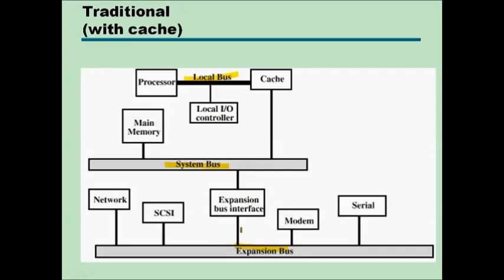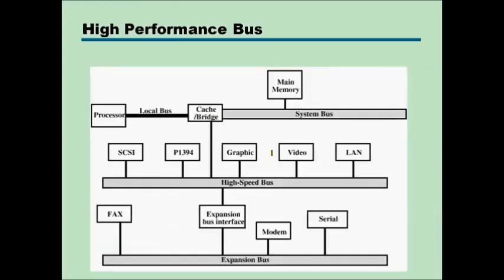The local bus connects the processor, the local controller, and the cache, the three of them. The system bus handles the local bus and the main memory, while the expansion bus connects the system bus with the expansion bus interface with the network, SCSI, modem, and serial.